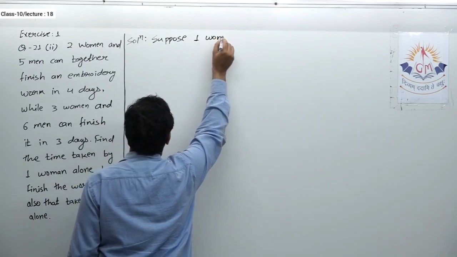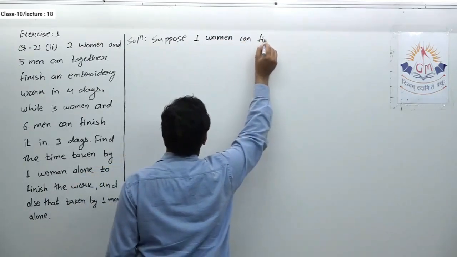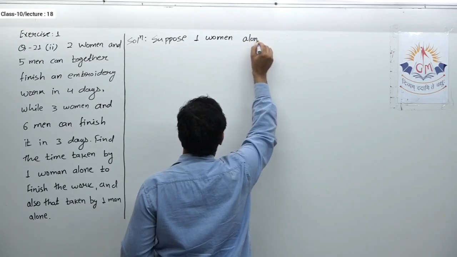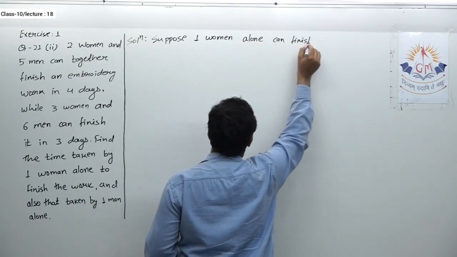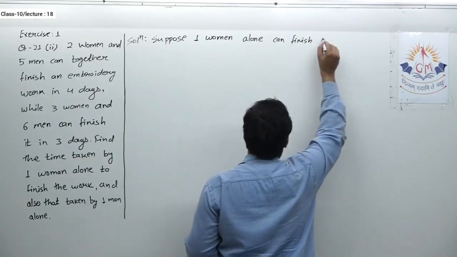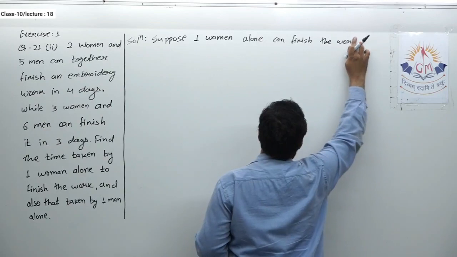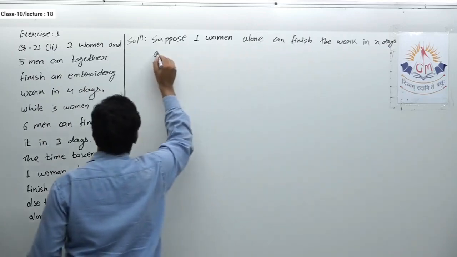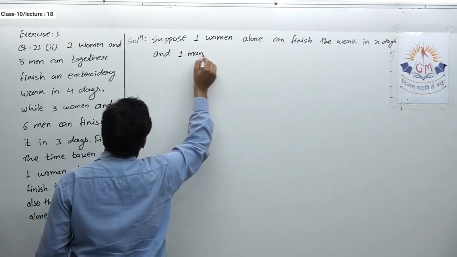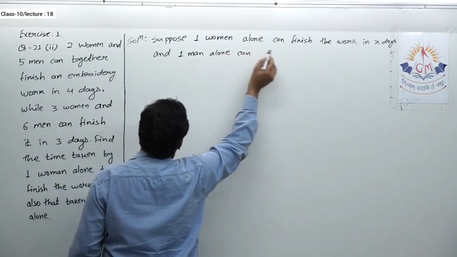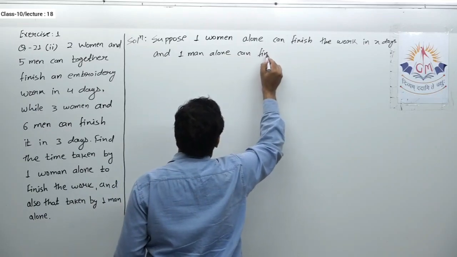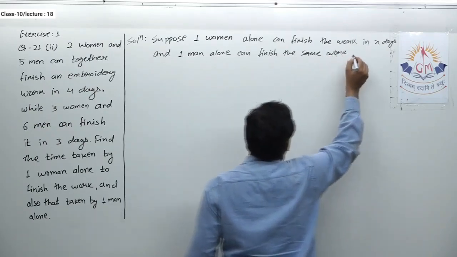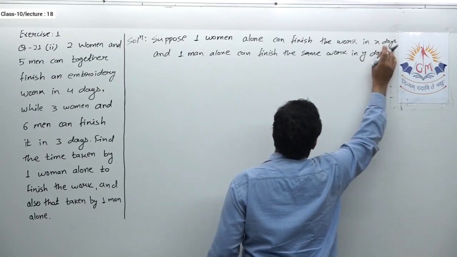So suppose one woman alone can finish the work in X days, and one man alone can finish the same work in Y days.